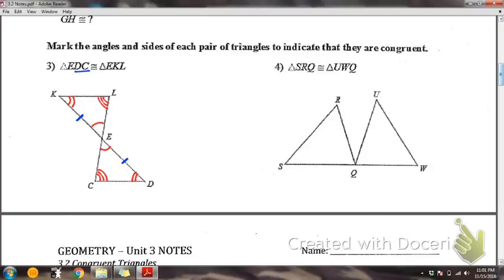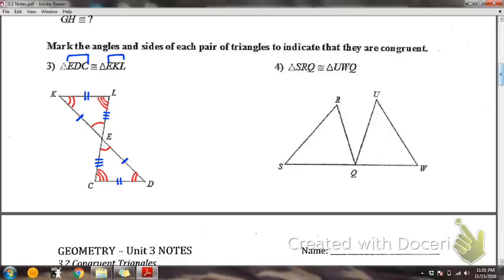So then I'm going to have DC, and DC is going to go with KL. DC is going to go with KL. And then last but not least, remember, is the first and the last, so EC goes with EL. This would be fully marked.